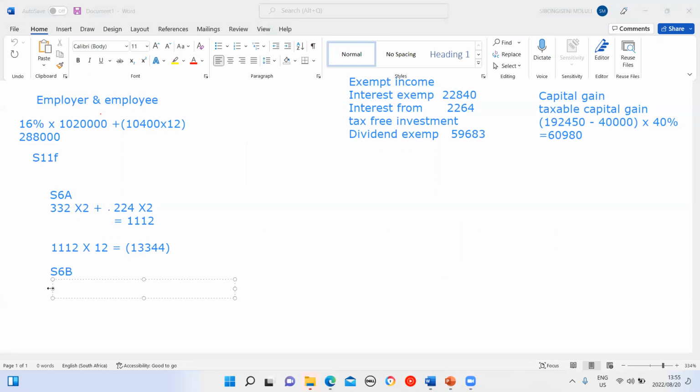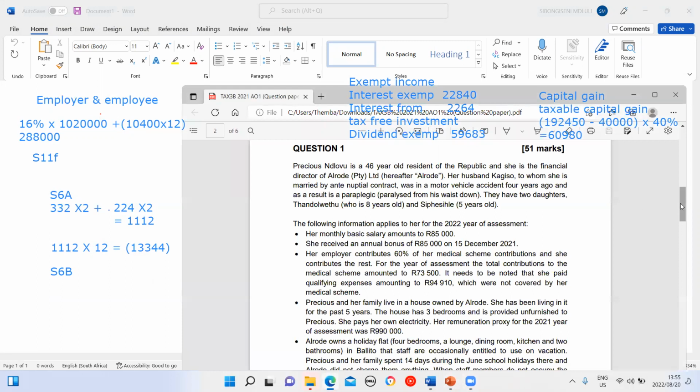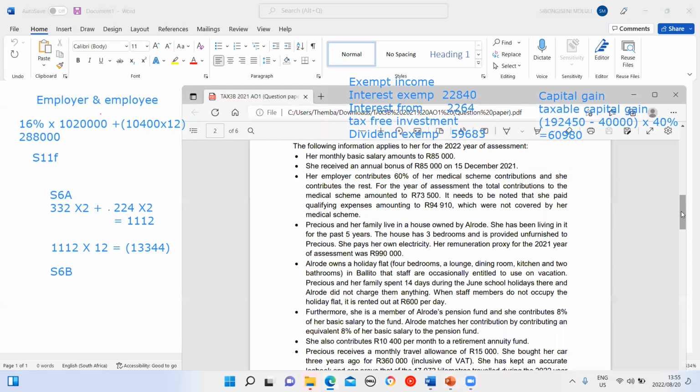So the qualifying expenditure, what is it? It is 94,910 rand.